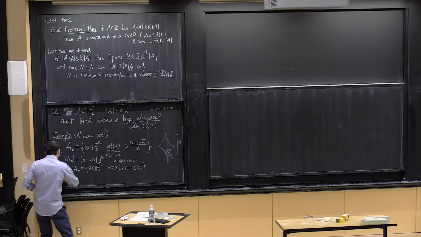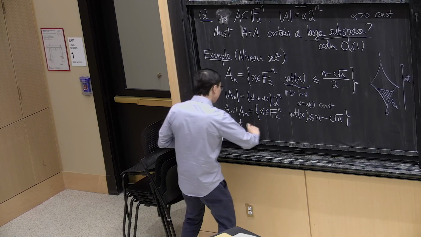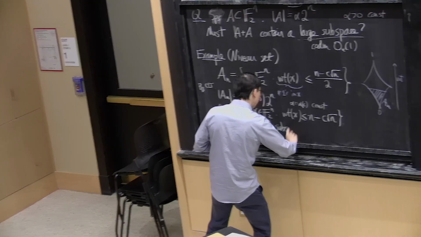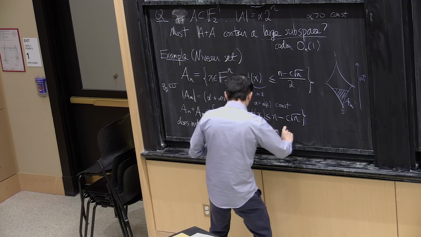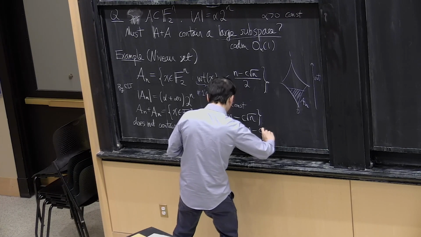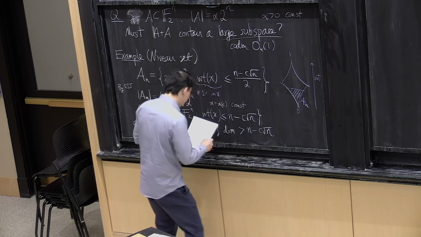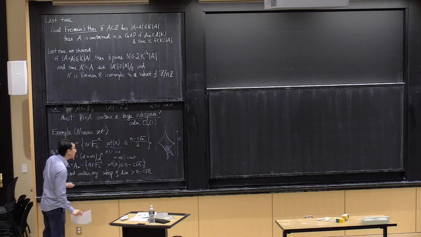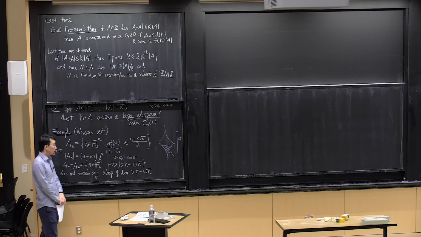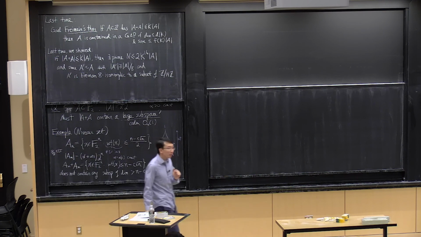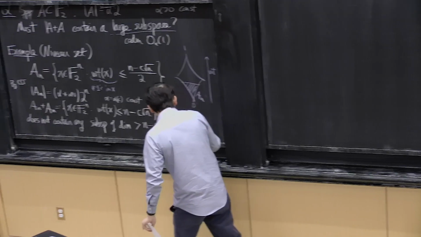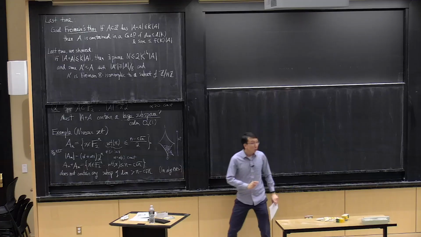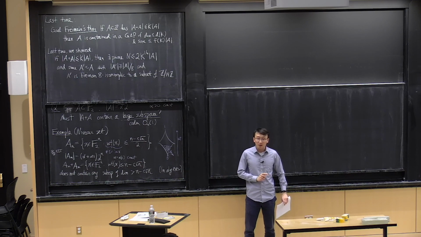And I claim that this sumset does not contain any subspace of dimension larger than n minus C root n. Okay, so this final claim is something that's, again, one of these linear algebraic exercises that we've actually seen earlier when we discussed the proof of cap set, right?